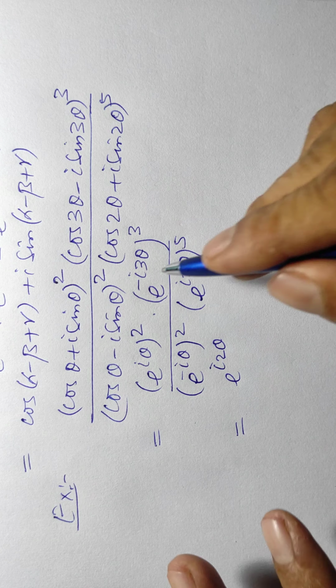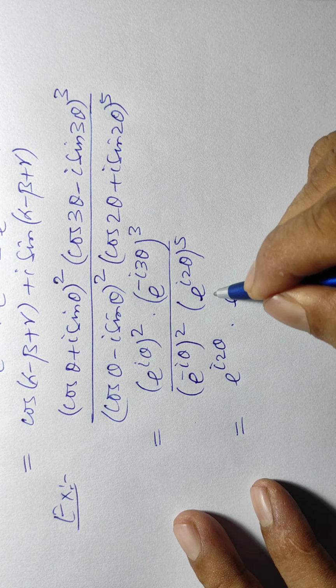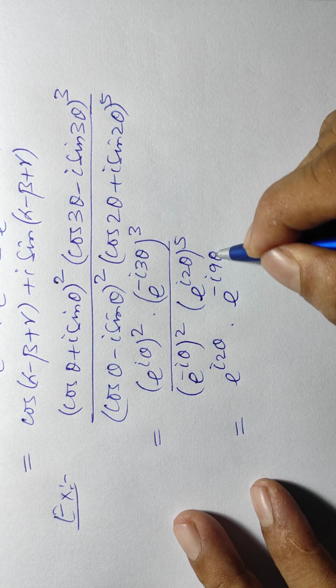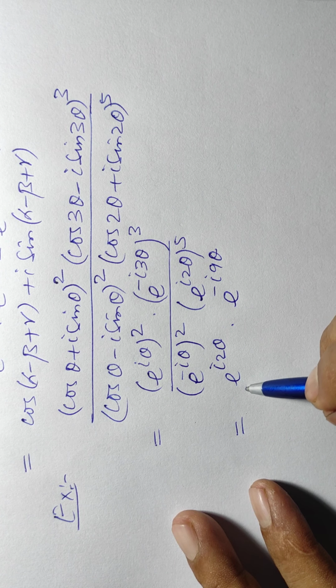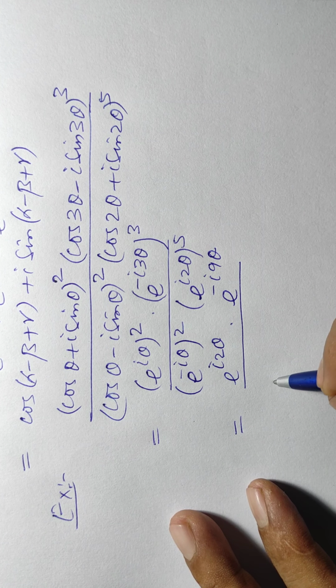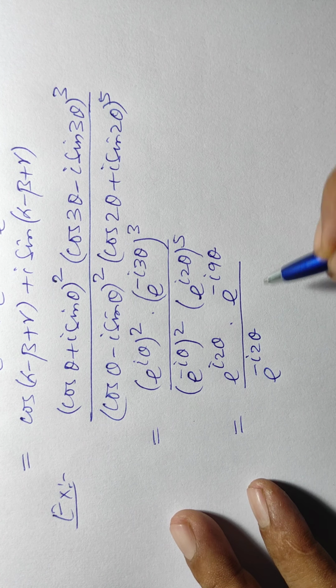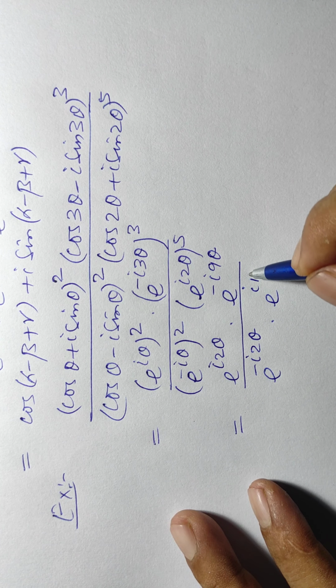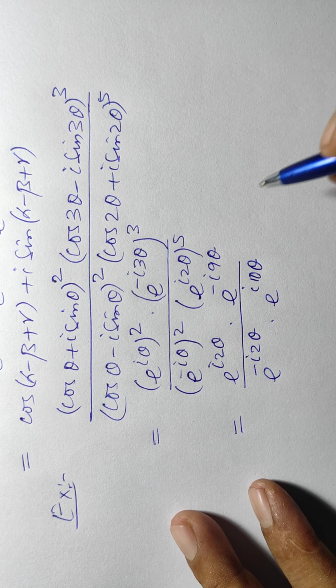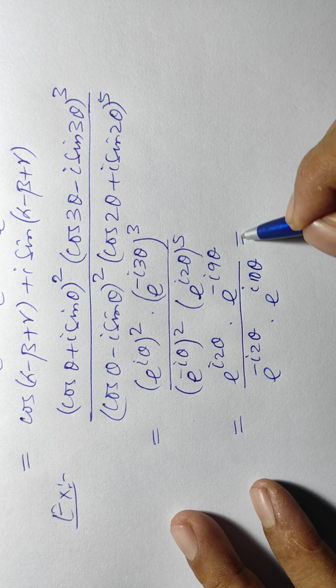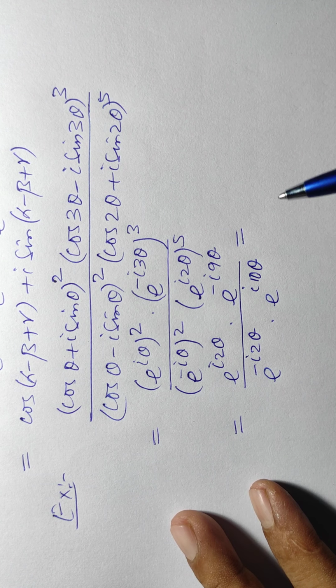Clear? Now this one into e to the power minus i 9 theta, 3 3s are 9. Divided by, it is e to the power minus i 2 theta into e to the power i 5 2s are 10, 10 theta. Now, all the bases are same, e.